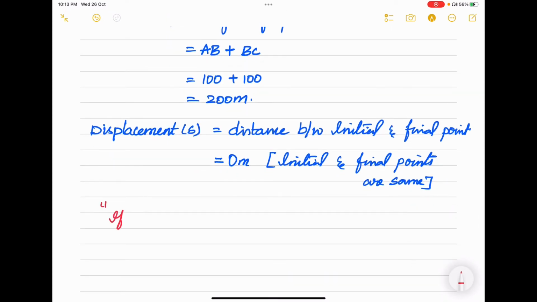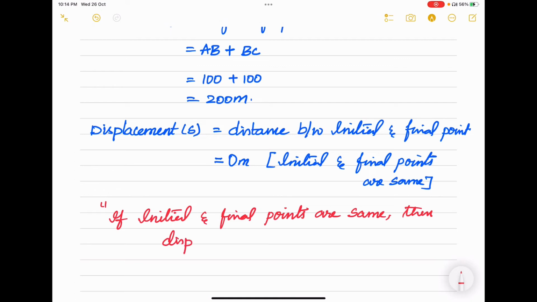If initial and final points are same, then displacement will be 0.